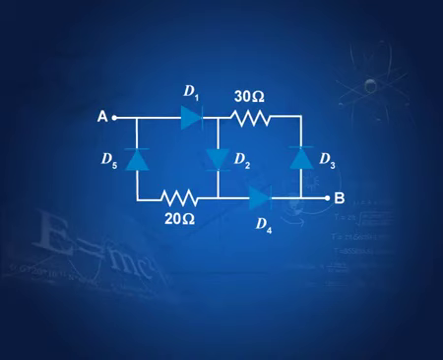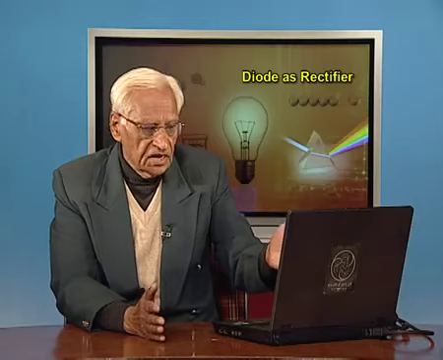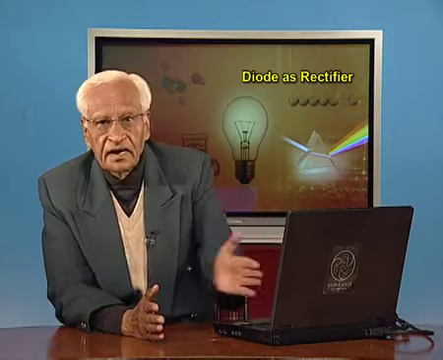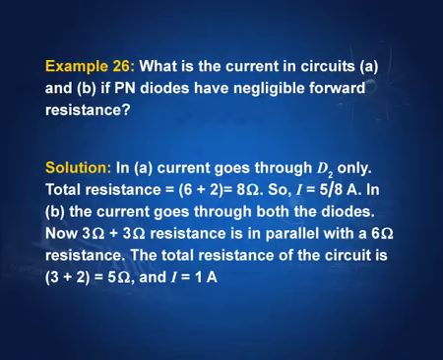So, we have this circuit, and this D3, D2 and D5, they are almost 0 resistance in forward bias. Therefore, the resistance in the circuit is 30 plus 20, 50 ohms. So, we have to consider which side is at a higher potential, and that diode would work, the other will not work.